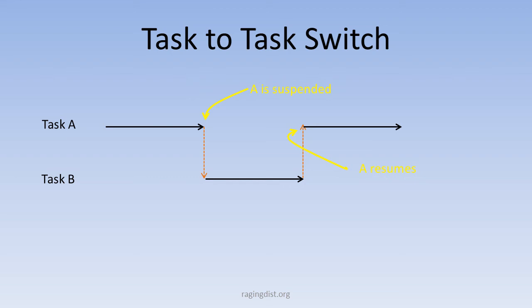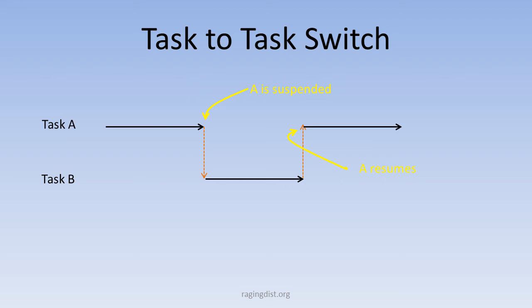So you've got two threads which are switchable back and forth, whose states are maintained, and the operating system will determine that it needs to suspend task A because task B wants the CPU.